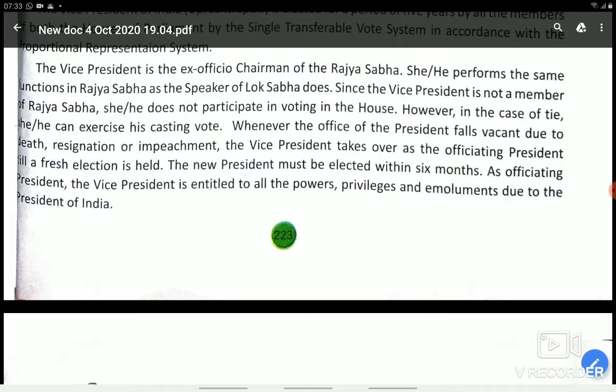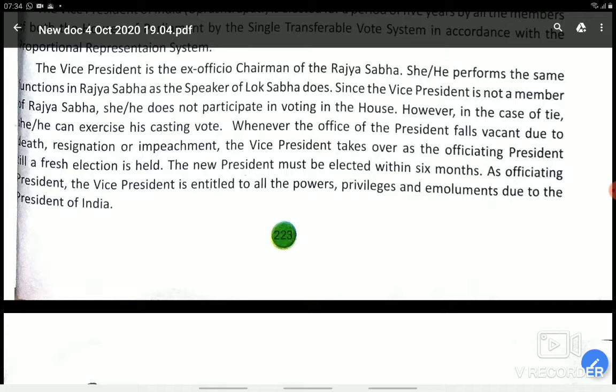The vice president is the ex officio chairman of the Rajya Sabha. Ex officio chairman means by default he is the chairman of Rajya Sabha. He performs the same functions which a Lok Sabha speaker does. So he is like a monitor of Rajya Sabha, you can say.